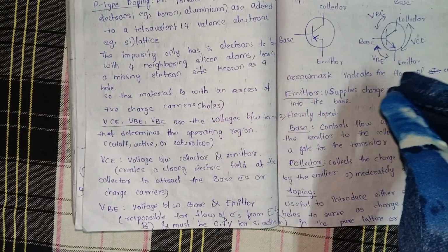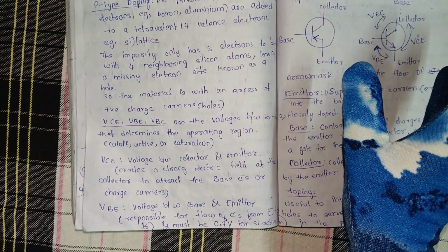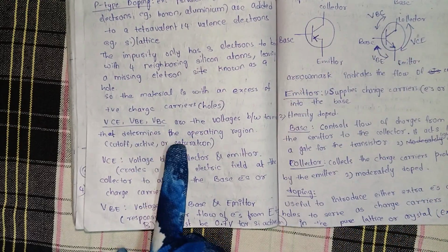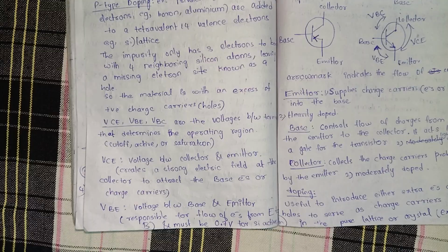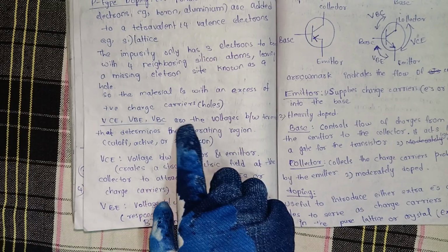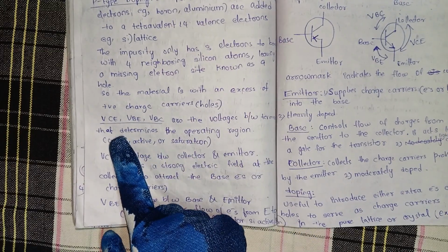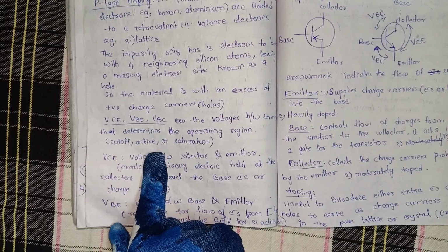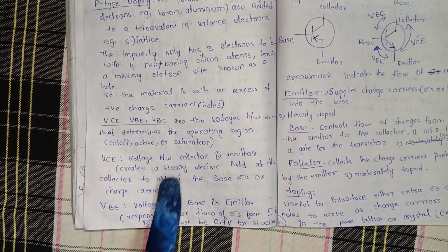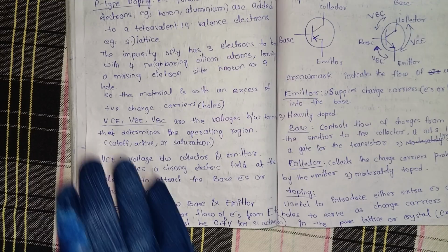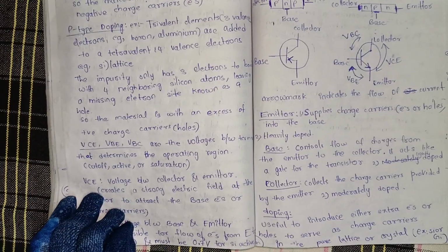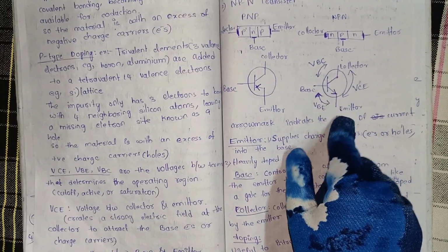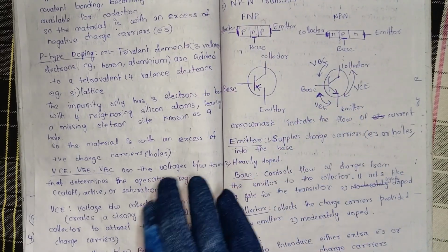Then we will see the transistor voltages, that are VCE, VBE and VBC. They are the voltages between terminals that determine the operating region: cutoff, active or saturation. So these are the terminals: base terminal, emitter terminal and collector terminal.